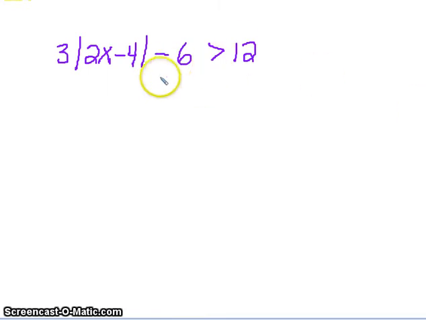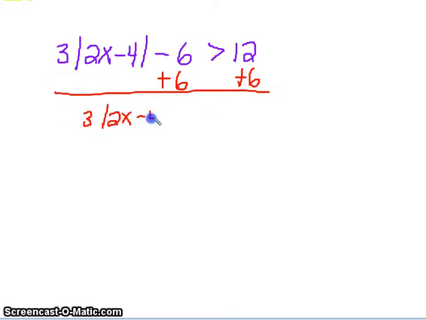So the first thing we have to do is add 6 to both sides. And that gives us 3 times the absolute value of 2x minus 4 is greater than 18. And then we have to divide both sides by 3, because we are still isolating.